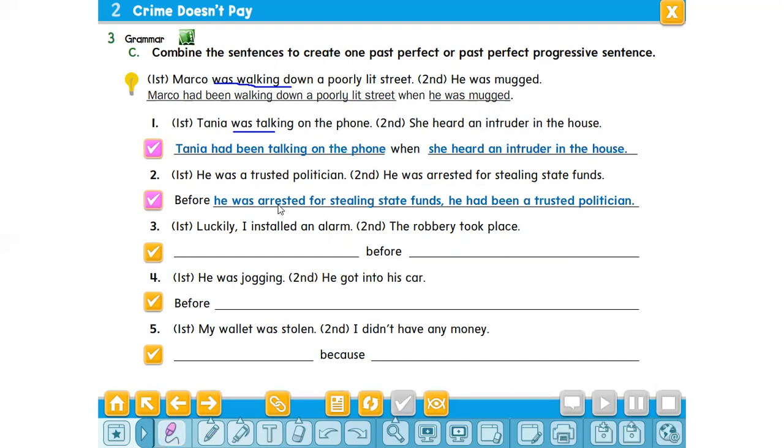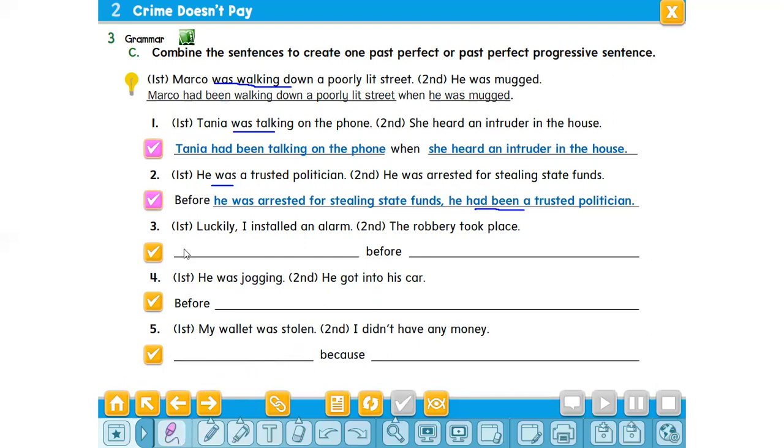Before he was arrested for stealing state funds, what had happened? He had been a trusted politician. Okay, here we use past perfect. Why? Because the main verb here is past simple. It will change it into past perfect. Had plus past participle.